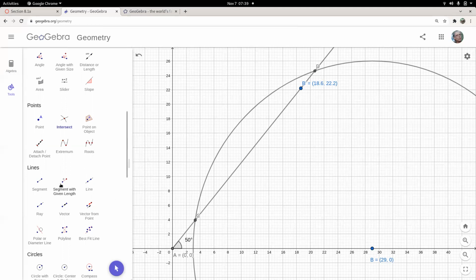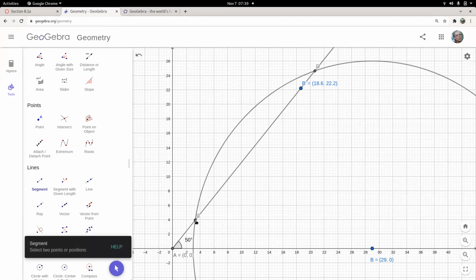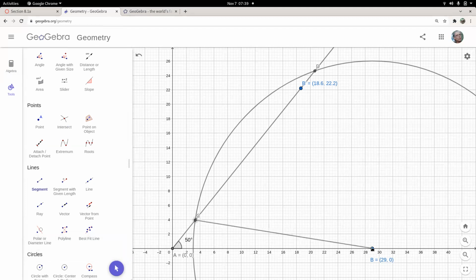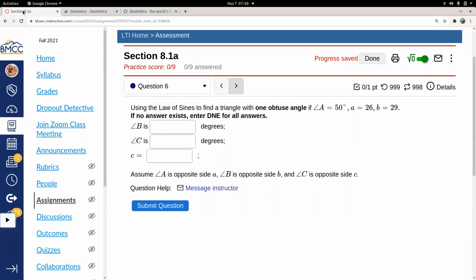So I'm going to draw a couple more lines. Let's use the segment tool. So again, here's one triangle down there. That's one possibility. Let's undo that. Other possibility is it's this triangle right here. All right, so let's look back to see which one they want.